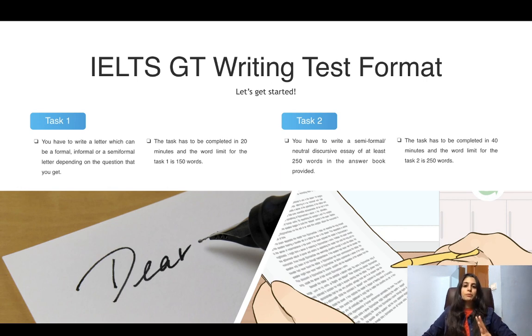So there are 3 types of letters that you can come across in your actual test, and you will have to be writing those letters in that particular format. We'll be dealing with those in detail in the future live classes. But for now, it's just to inform you that there could be 3 kinds of letters that you can come across: formal, informal, and semi-formal.